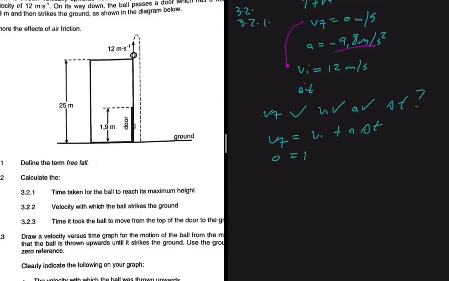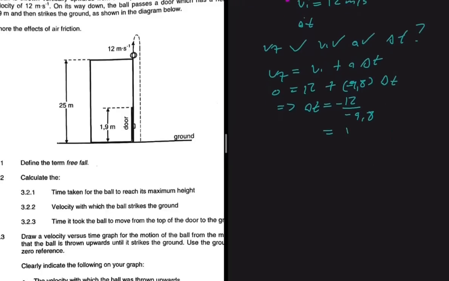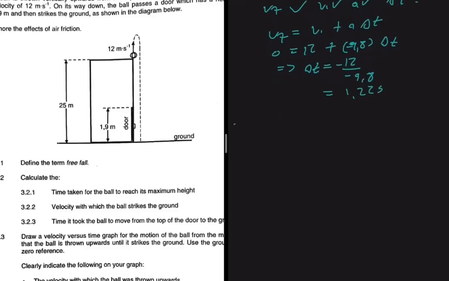VI is 12 meters per second, so we put it as it is without a negative sign because we're taking up as positive, plus A, which is minus 9.8, multiplied by delta t. So delta t will be equal to minus 12 divided by minus 9.8, right? And if you put that in a calculator, you should get a time of 1.22 seconds, right?